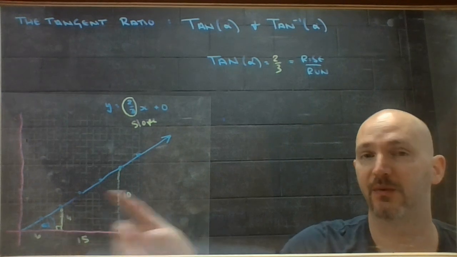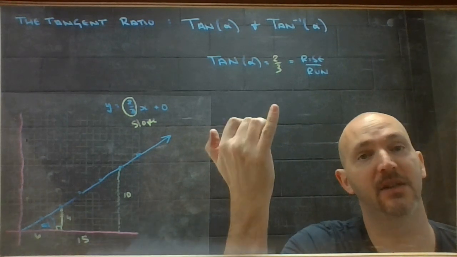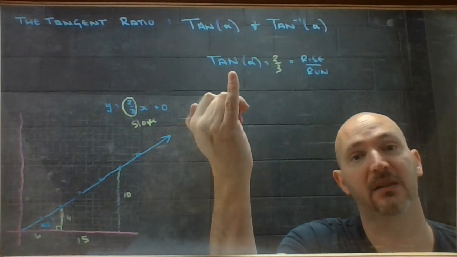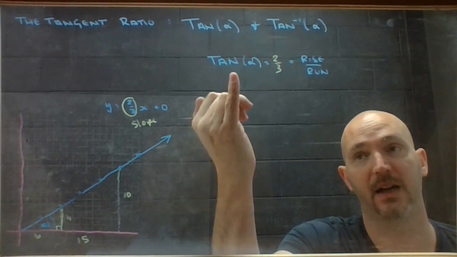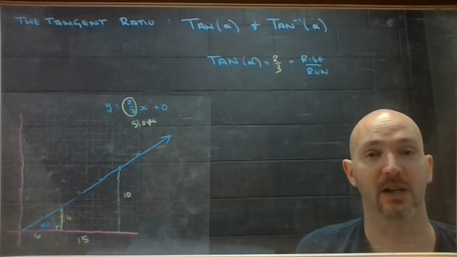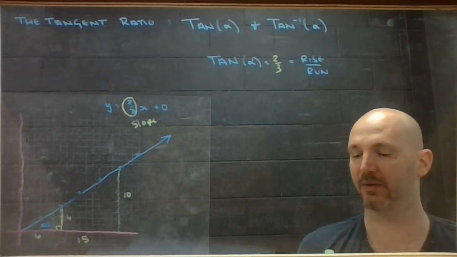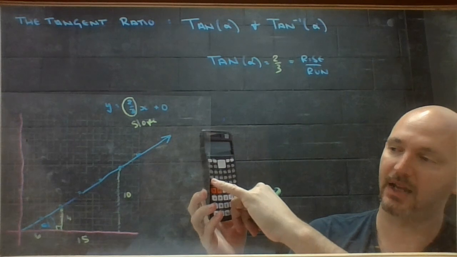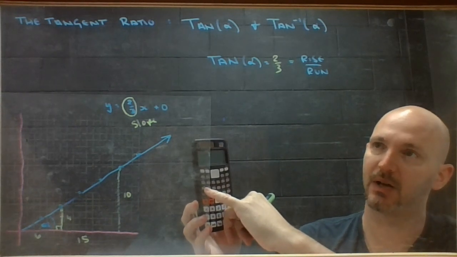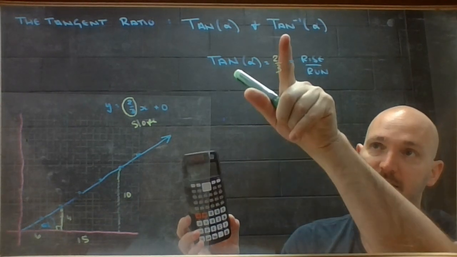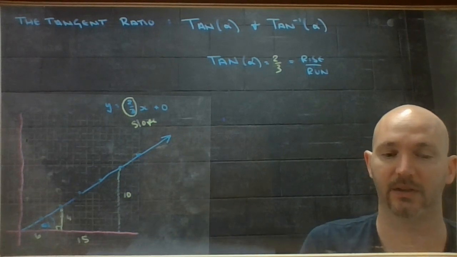And if I wanted to figure out what that angle is, I just need to use some algebra to break this function off of my alpha, get it over to the other side. So if you look on your calculator, there is a tan button right there. And directly above it is something that looks like this. Tan with a -1 on it.